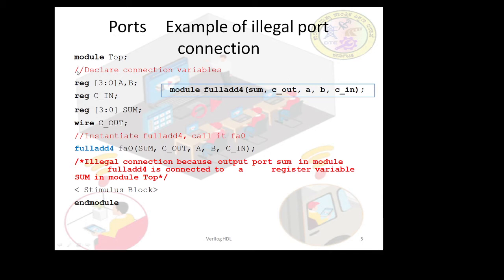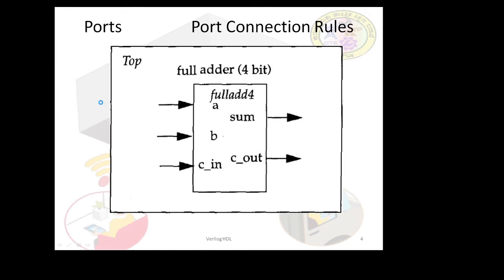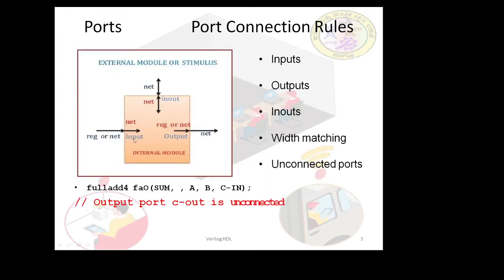So in the top level stimulus all the inputs are declared as registers. That is the port connection rule we had: all the inputs fed to the input internally, from externally we are connecting them to the input. So the register is declared in the top level block. We have this register.